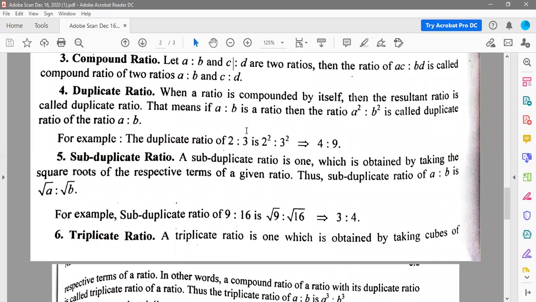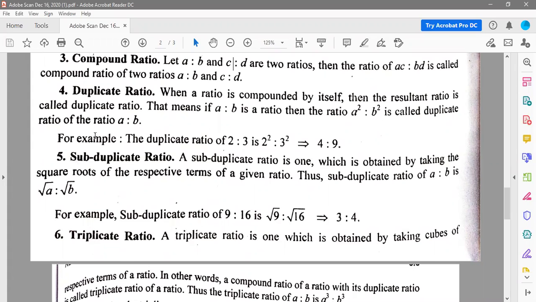Here we are getting it back, reversing it. Understood? Firstly, we square them under duplicate ratio, and then we find the square root under subduplicate. That's why it's called subduplicate. So subduplicate ratio will find the square root and get back the actual ratio.